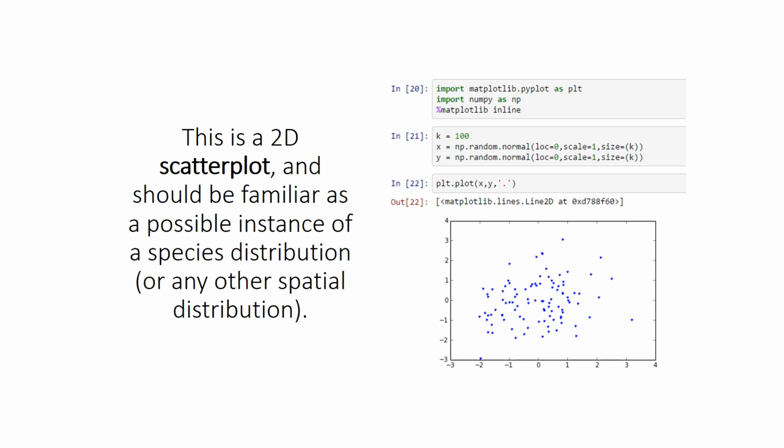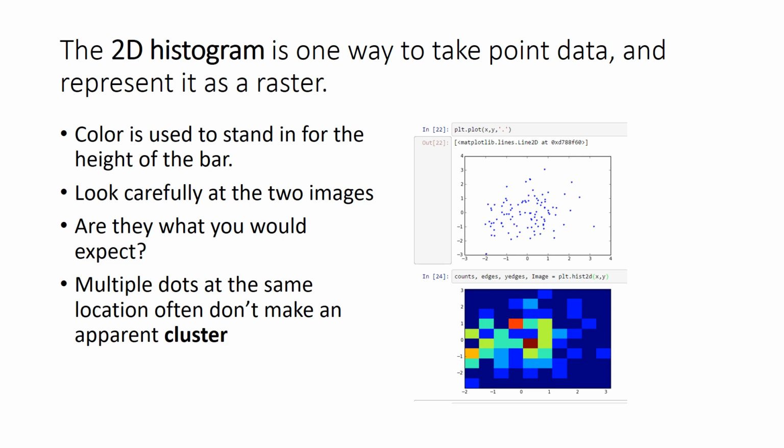So the question is, how do we turn this into a better, more appropriate visualization? The 2D histogram is one way to take point data and turn it into a raster. If we sent those volunteers out into the field and collected where they saw those things, maybe it looks something like this. One thing we can do is overlay a grid and count how many dots fell into each grid cell.